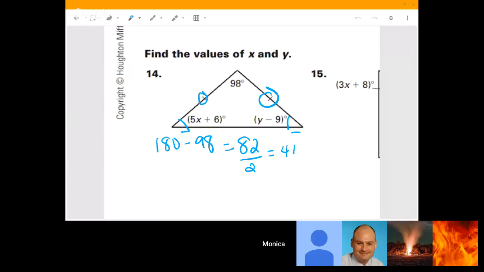Madison, number 16 is going to be similar to number 14, well, I guess it's not super similar. Let me pull up an image of it.